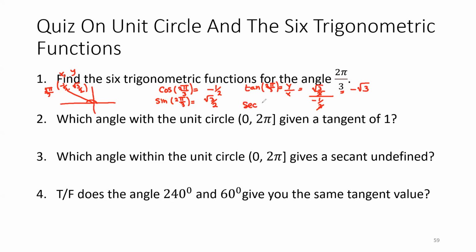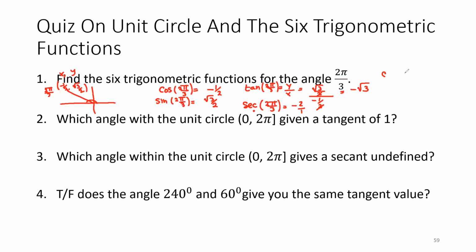Secant of 2 pi over 3 is the reciprocal of cosine. Whatever cosine is, just flip it. So this would be -2. Okay, so we did tangent and we have secant.